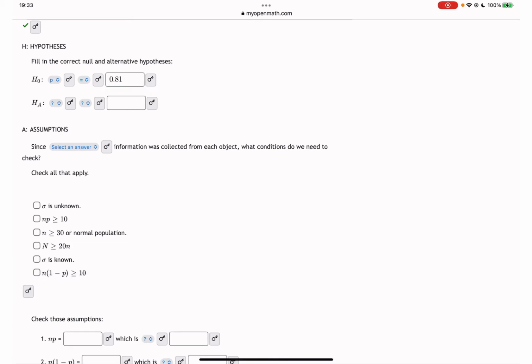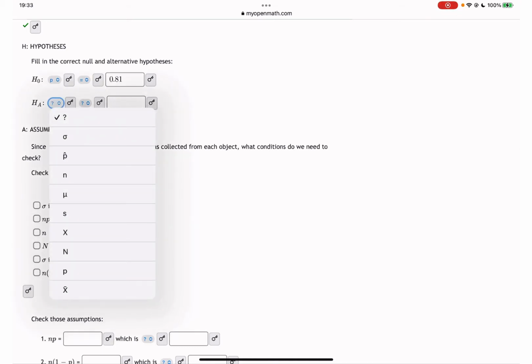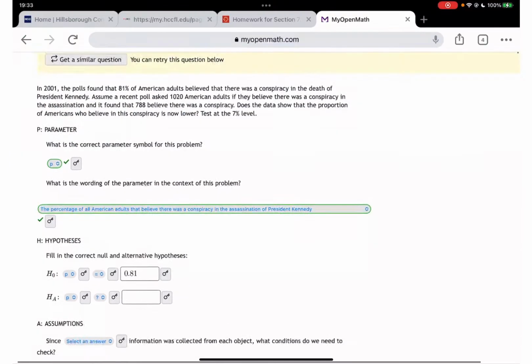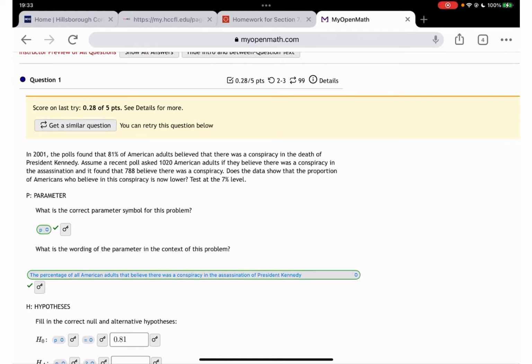Now, the alternative is going to be less than, because the opposite is going to be less than. We have 81% who believe, and we need to show that the proportion of Americans who believe in this conspiracy is now lower.